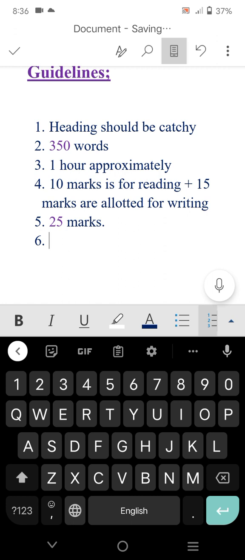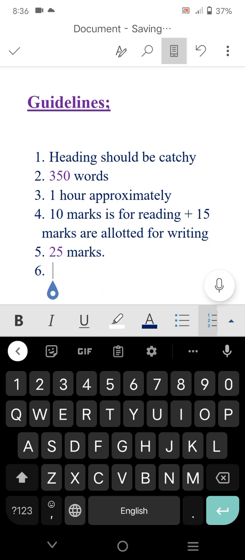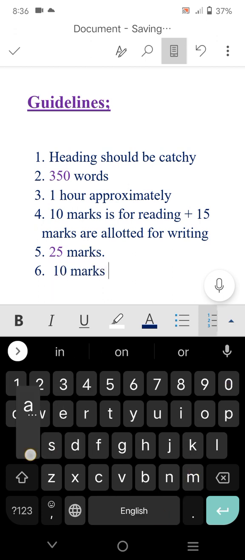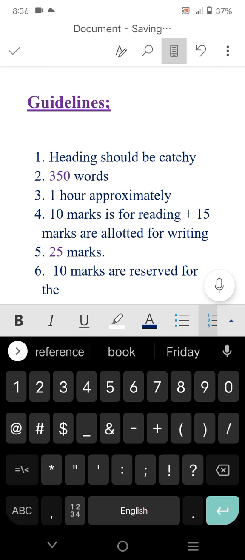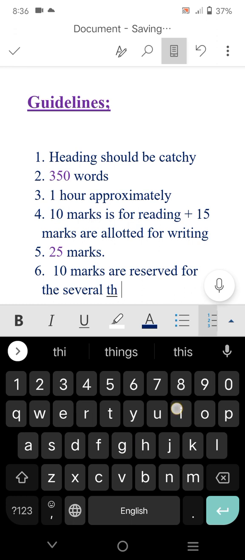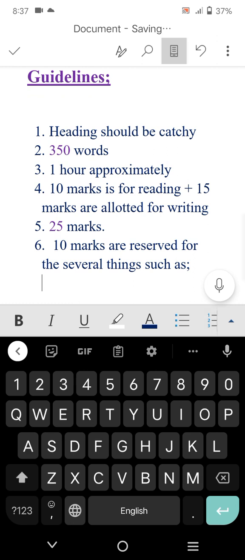The sixth most important guideline is basically that 10 marks are reserved for several things, such as, the first most important one.